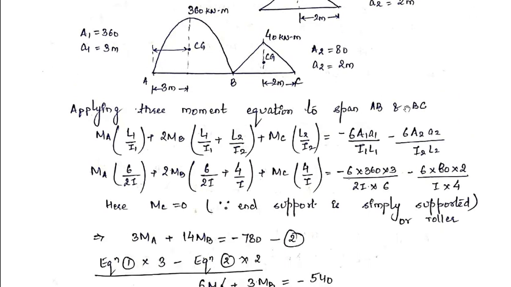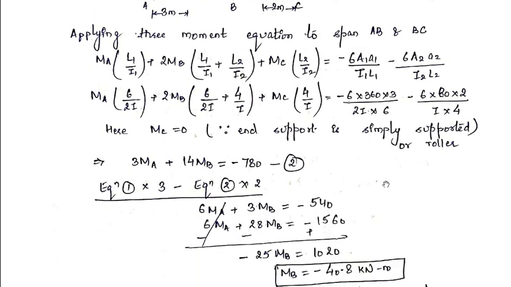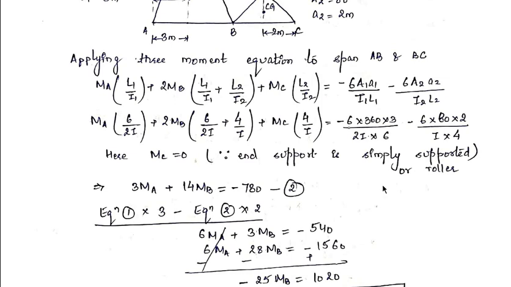So just put all the values. You don't need to put the value of I, because this equation can be found in terms of capital I. The value of I will get cancelled out ultimately, and the value of I is also not given in the question.